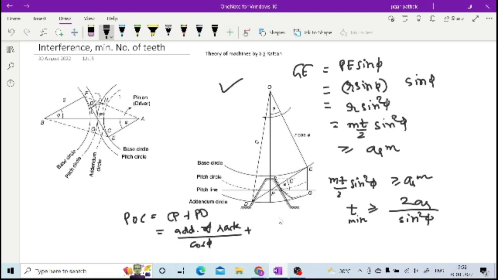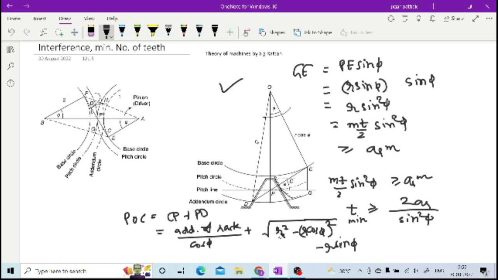Plus this PD is nothing but, again, as you have calculated for your previous pinion, so it is same as that one only, that is RS square minus R cos phi whole square minus R sin phi, right? So this is how you are having path of contact, right?